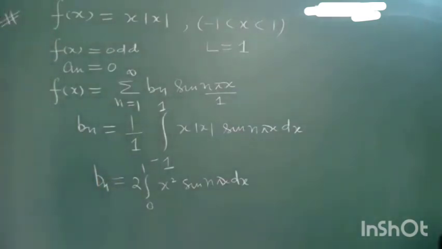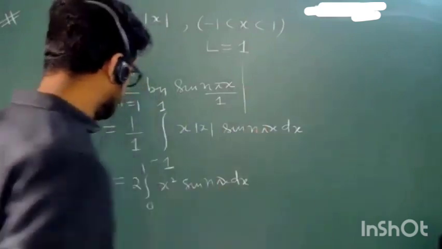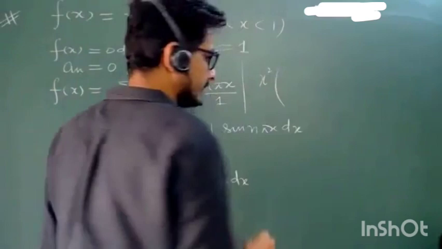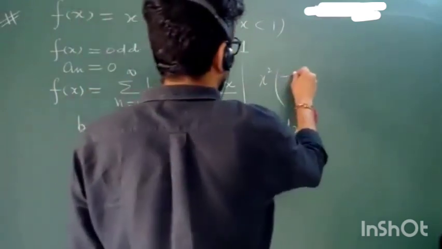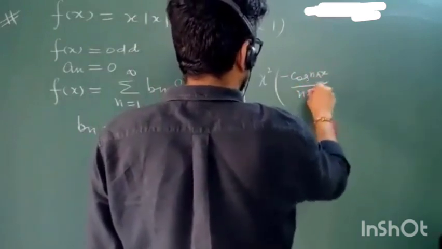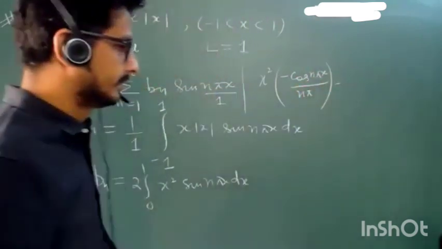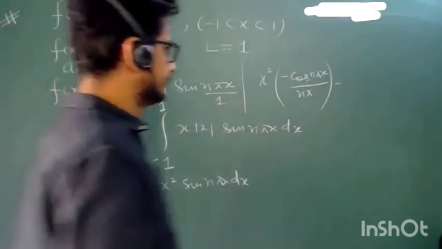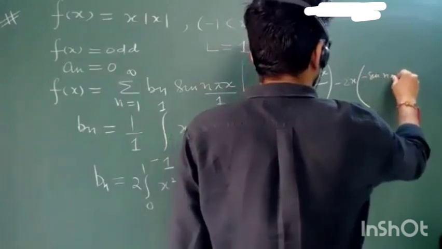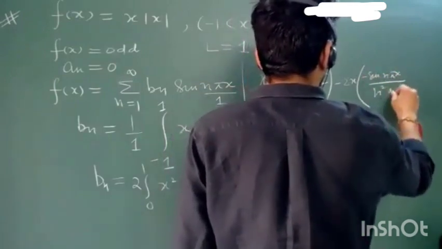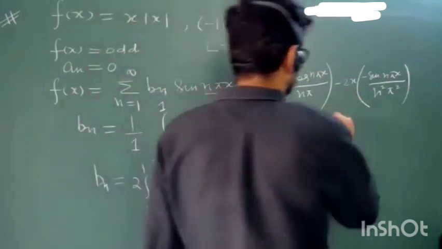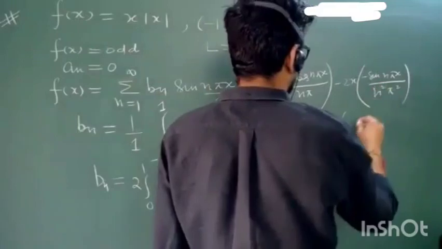And now integrate this. So it will be first function times integration of second. What is the integration of sine? Minus cos n pi x over n pi, minus derivative of this into integration of this, and plus derivative of this into integration of this.